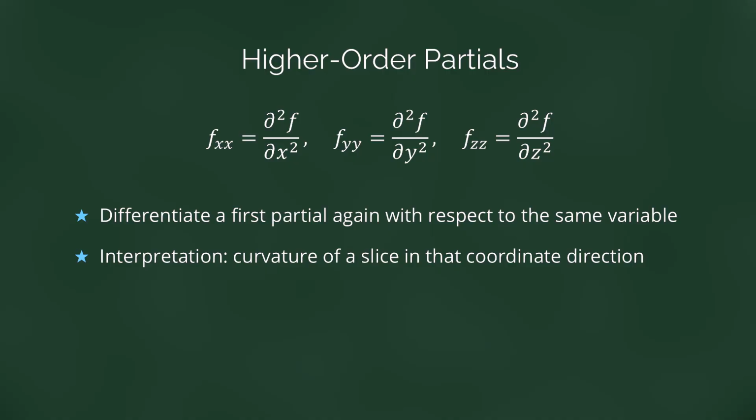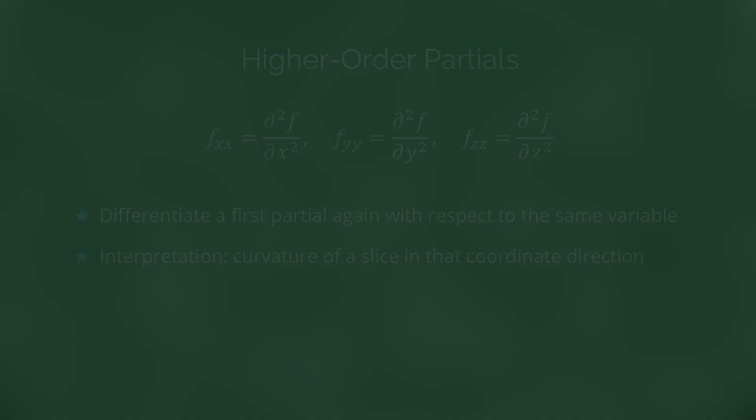And f sub zz is the second derivative of f with respect to z. When we do these derivatives, we're differentiating our first partial again with respect to the same variable. So we're looking not at the rate of change of the curve in a particular direction, but now we're examining its curvature in that coordinate direction.